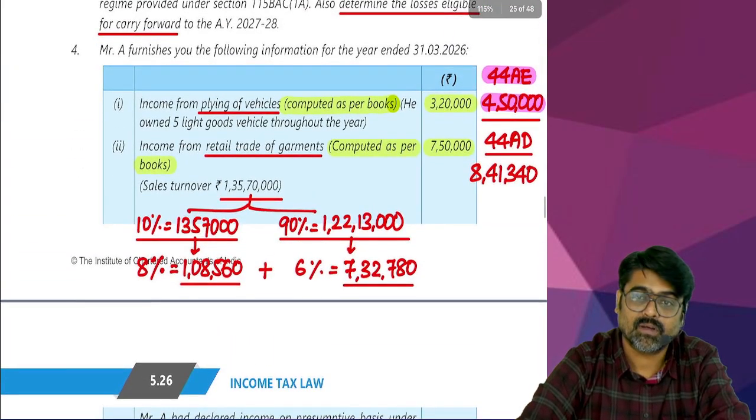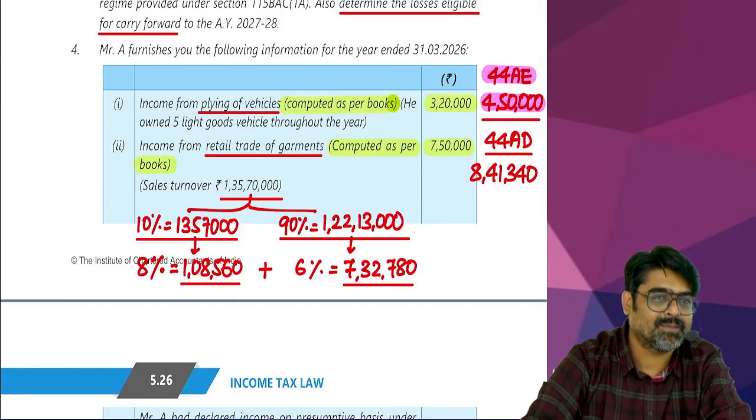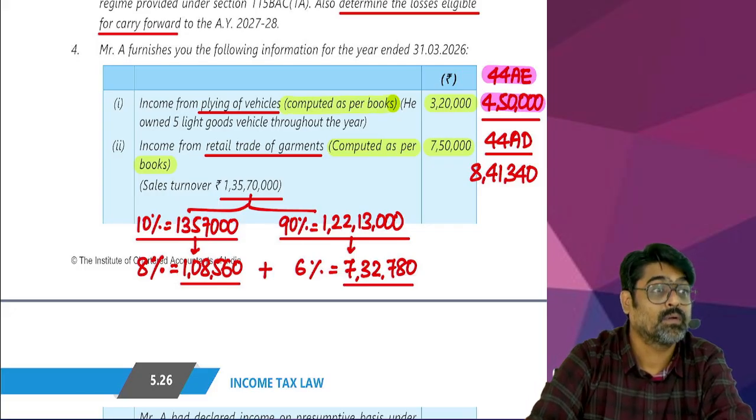But only the business income which you have calculated as per normal provisions, not against the business income which you calculate as per presumptive provisions. Because under presumptive provisions, whenever you show the income, the deductions under sections 32 and 38 are deemed to have been allowed, and will not be separately allowed.